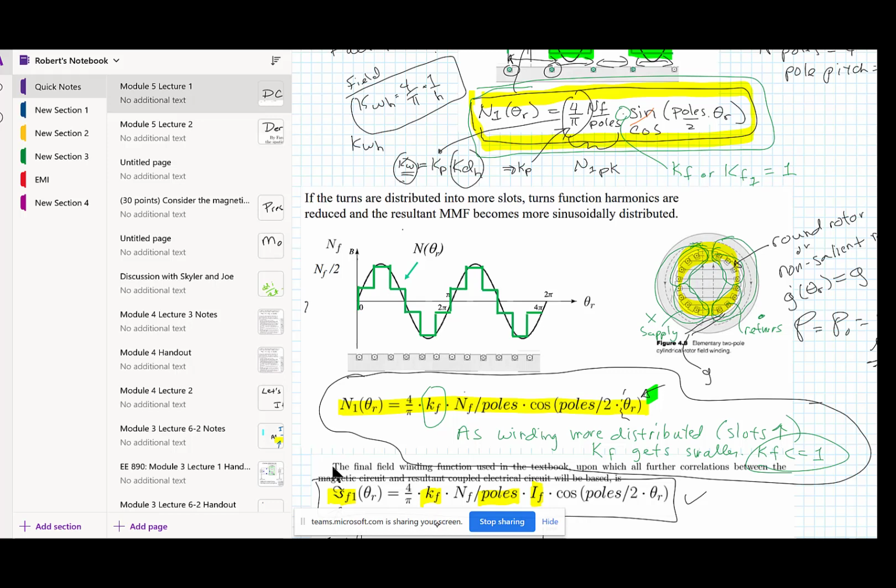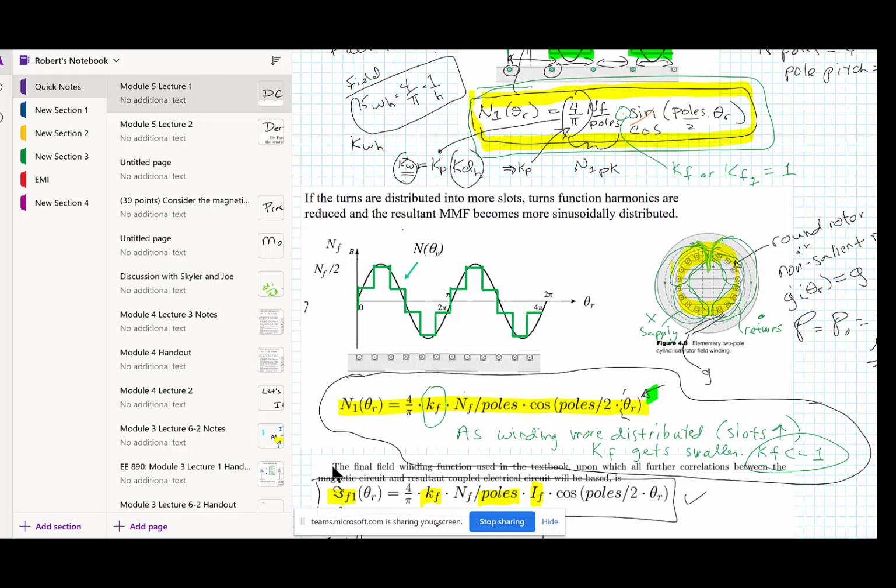We also go through the concept of poles, which is extremely important, and pole pairs, so you really need to watch this lecture. It's essentially the flux that is crossing the gap.